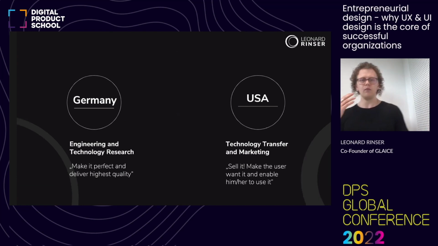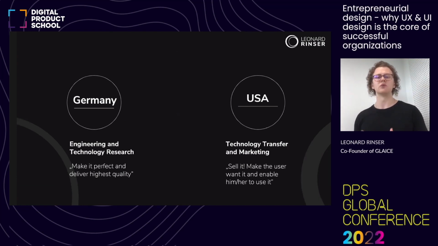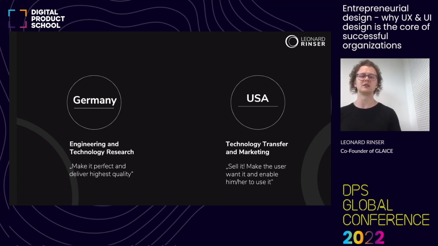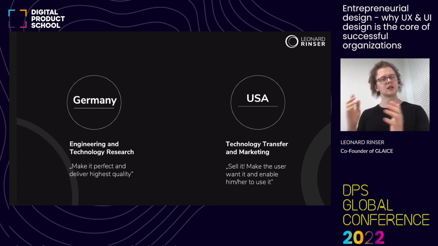And as we look at Germany and the USA, I really like this comparison, because in Germany, we have a lot of amazing engineering and technology research, and we want to make it perfect and deliver the highest quality, if we look at car makers like BMW or the research organizations. And in the USA, we have the technology transfer and the marketing. So they are able to sell it, make the user want it, and enable him or her to use it.